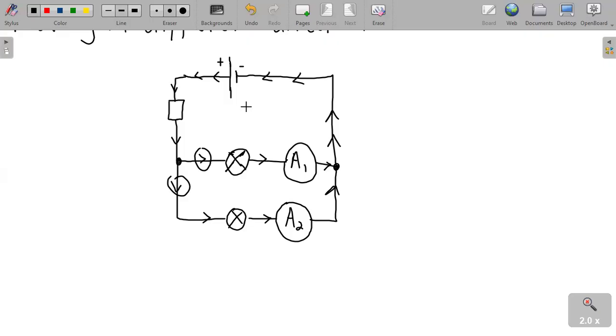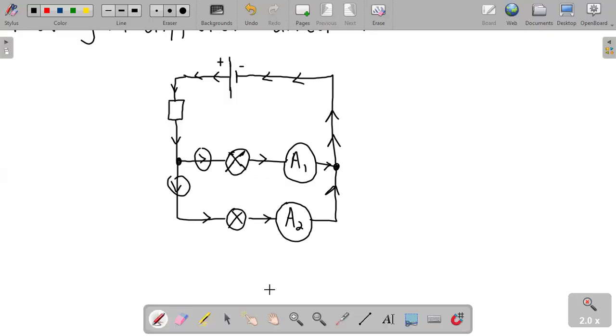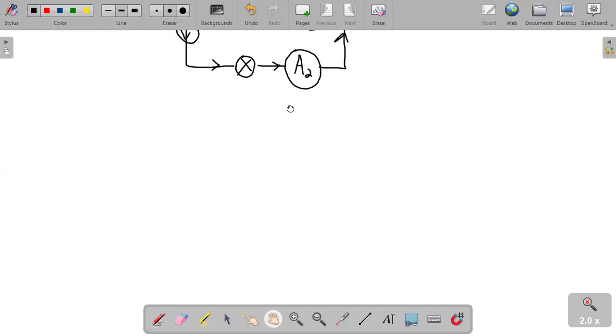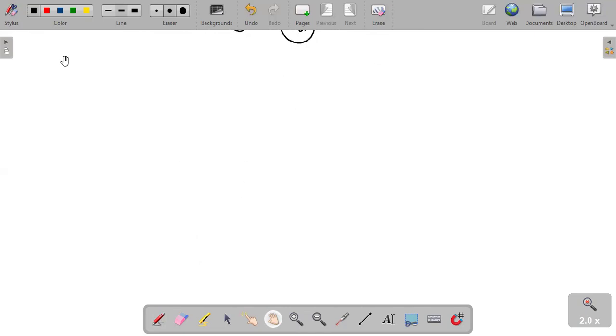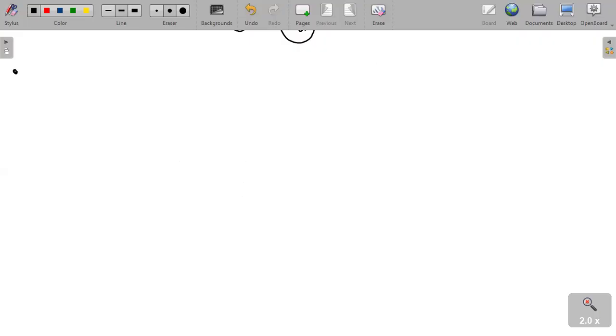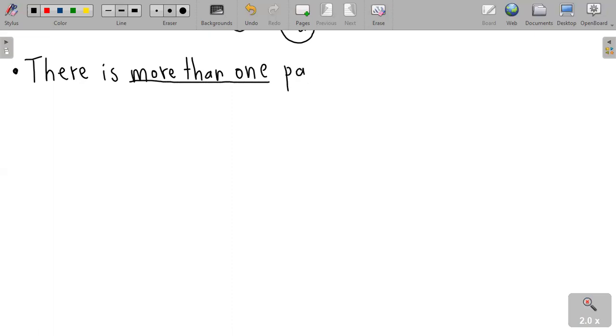So what are the key points? Just like previously, we have three key takeaways, the points that you should understand about a parallel circuit. The first one is that there is more than one pathway for current to flow.